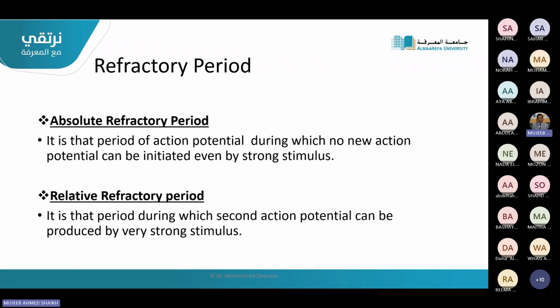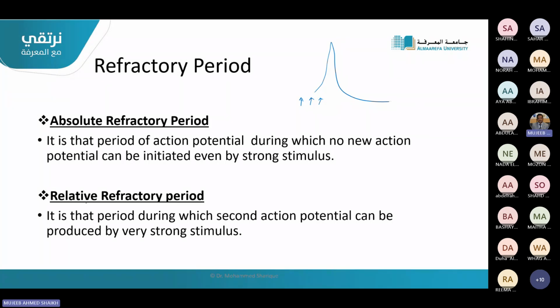Yes. So absolute refractory period is the period or time in which no second action potential can be generated. If you stimulate here or here or here, there will be only one action potential.